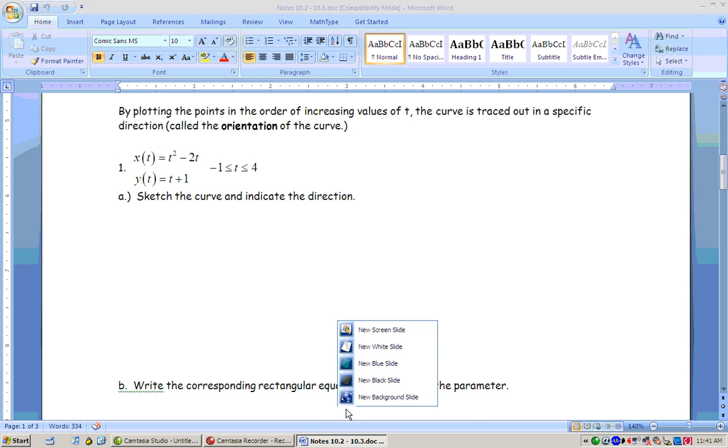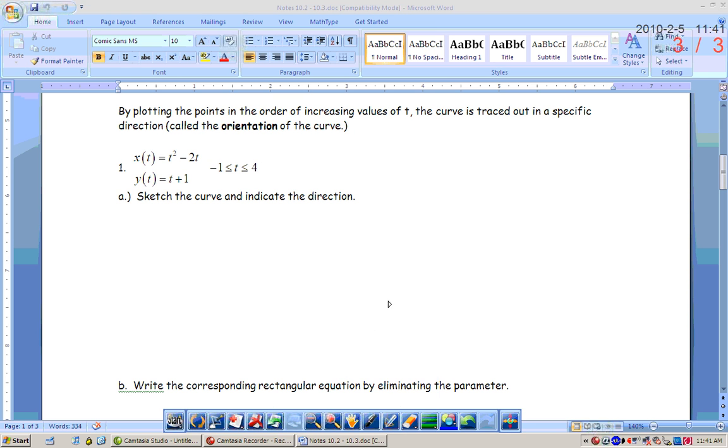All right, so what we want to do here is sketch the curve and indicate its direction. I am going to make what normally would be a little t chart, but now I'm going to have 3 columns because I have t, x, and y. The t values are all the numbers between negative 1 and 4, but I'm just going to use the whole numbers for the sake of evaluating this.